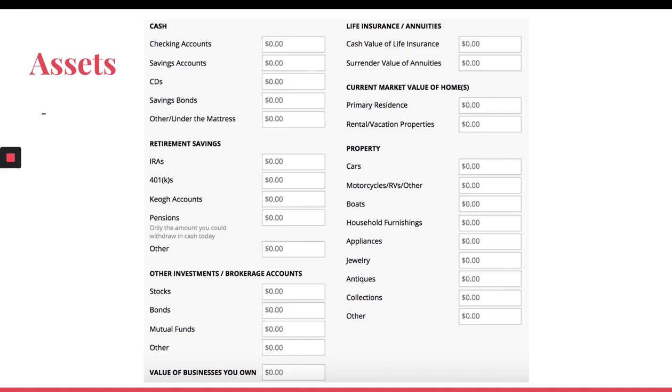So CDs have a higher interest rate, typically around 2%-ish, even higher. And all you have to do is keep your money in that bank for a specified length of time, either 6 months or 1 year or 2 years, etc. That's the only thing you have to be cognizant of, that you have to keep it in the bank for a specified length of time.